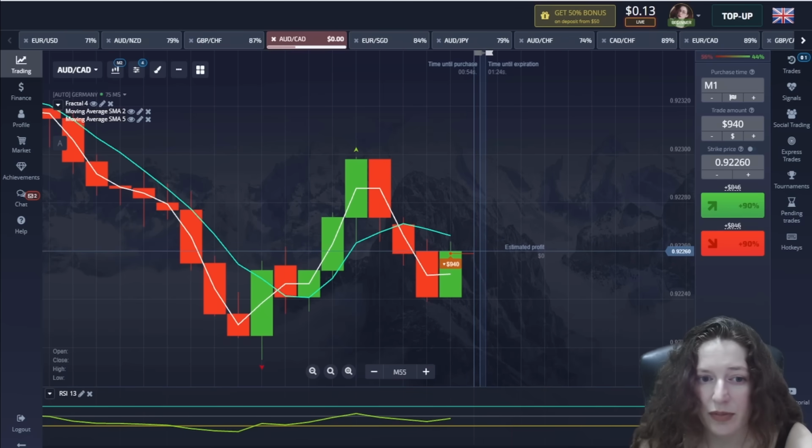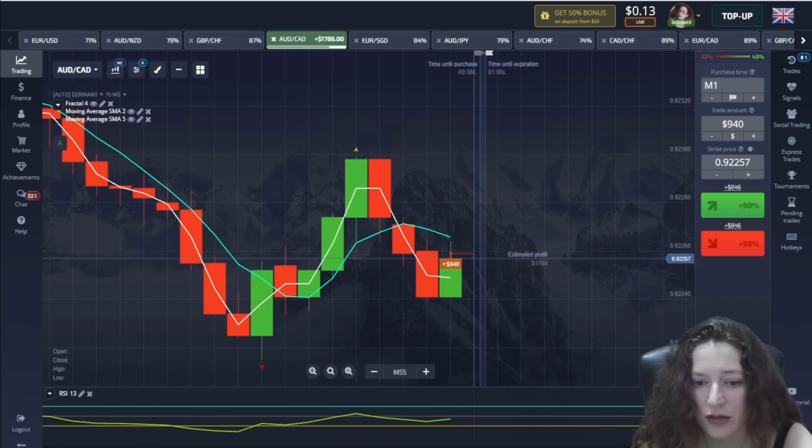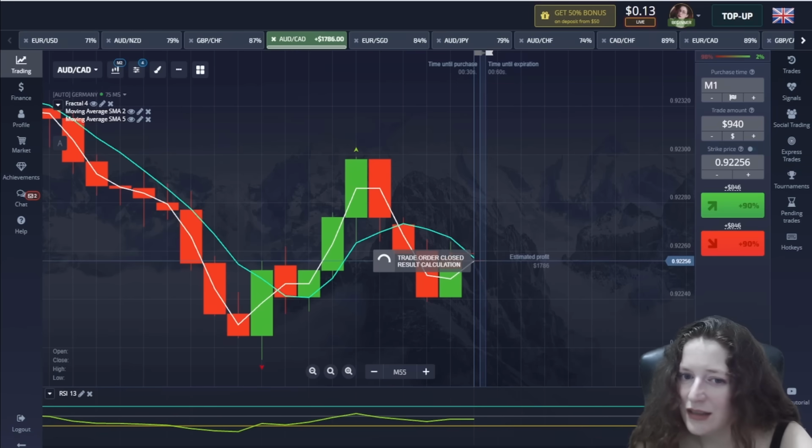Watch out for the perfectly done mountain and the fractal sign that points down the trend. Also the lines of the moving average below and the fractal mark intersect and have a downward direction, and that gave me a reason to enter the trade.